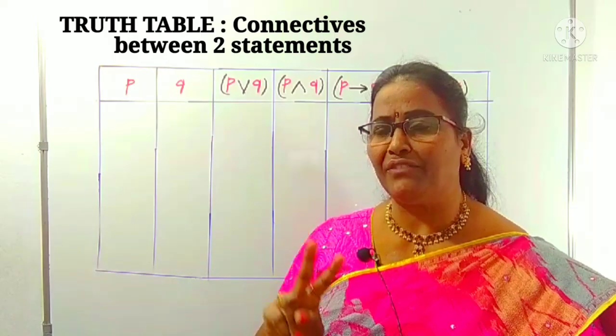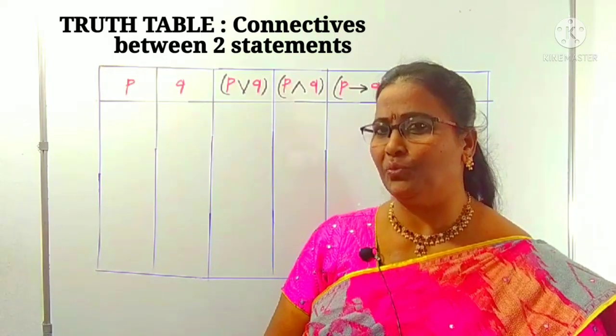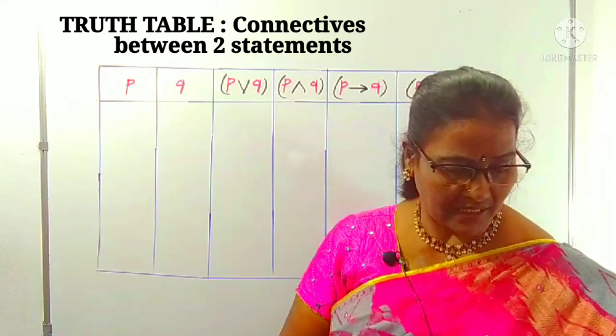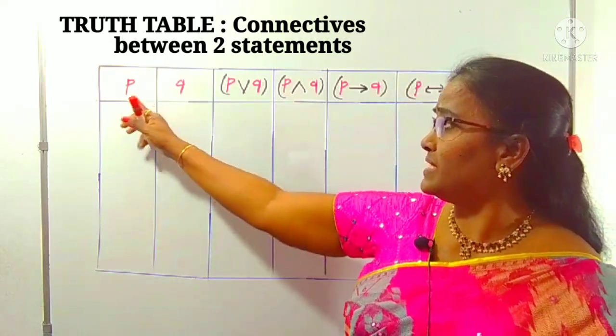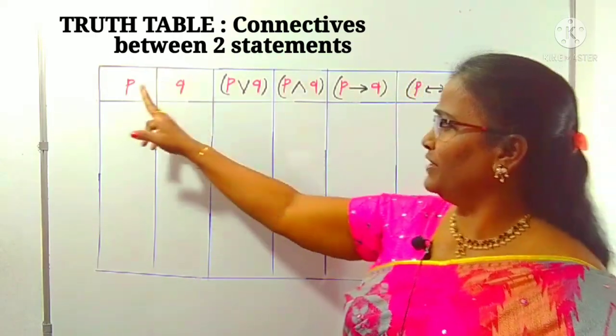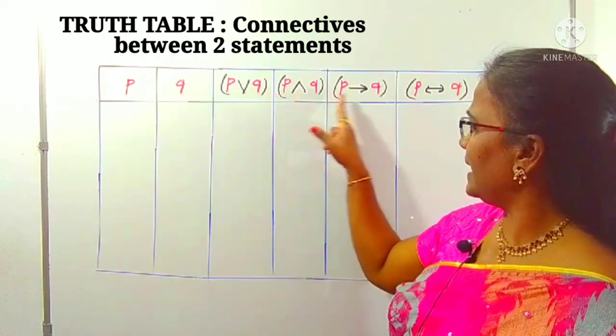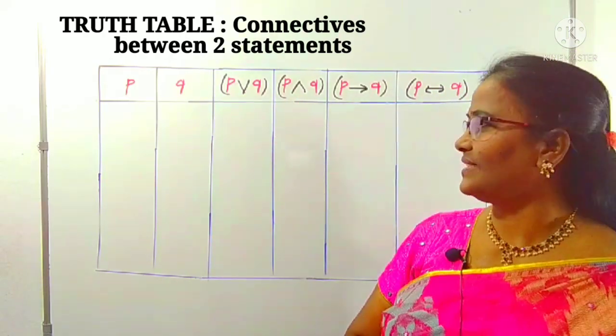If there are two different statements, there are four possible truth values. I am preparing a table between the two statements P, Q using OR, AND, if then, if and only if.